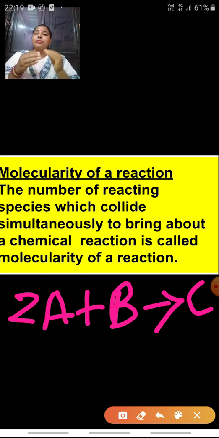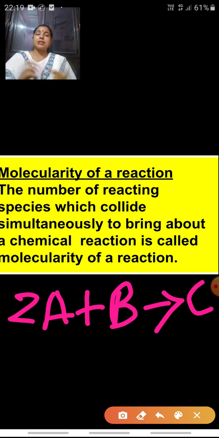Now, what happens at the time of the collision? At the time of the collision which is giving the product, 2 moles of A are colliding, and at the same time, simultaneously, 1 mole of B is also colliding. That means the collision is taking place between 3 different molecules simultaneously.